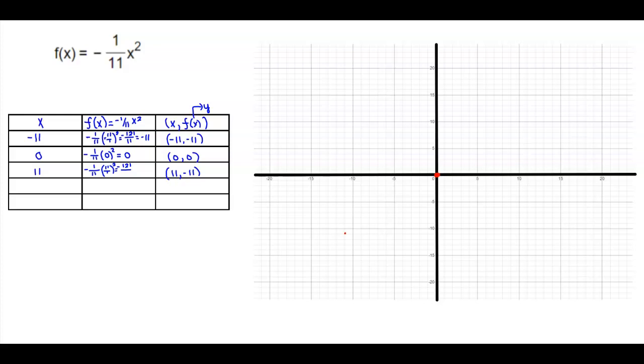So here is negative 11, comma, negative 11. The other ordered pair is positive 11, negative 11, so positive 11 to the right and then down 11. And we know this is 0, 0.